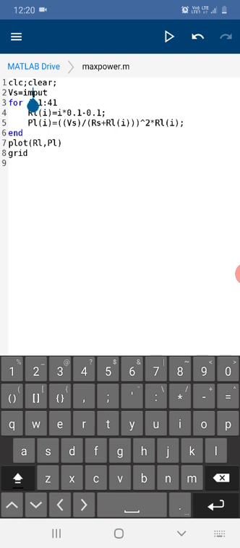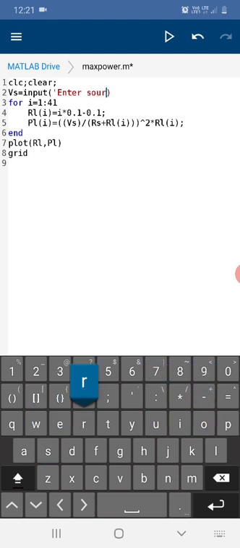Here is a spelling mistake. Input of, single quotation, Enter source voltage.